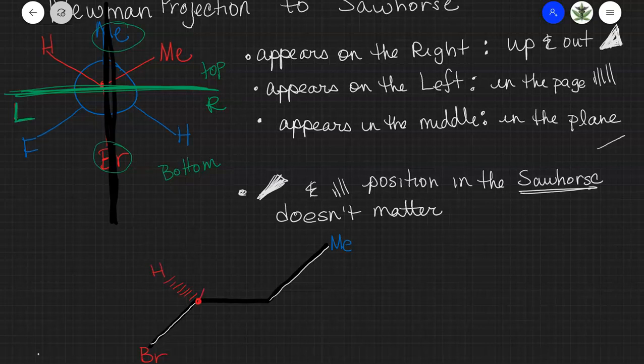And my methyl is on the right. So it appears as a dark wedge. Now I'm going to look at the bottom. On the bottom, on the left, I have my fluorine. And on the bottom, on the right, I have my hydrogen atom.